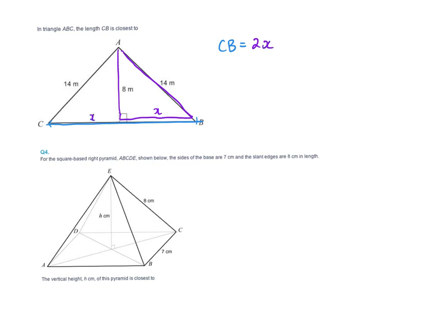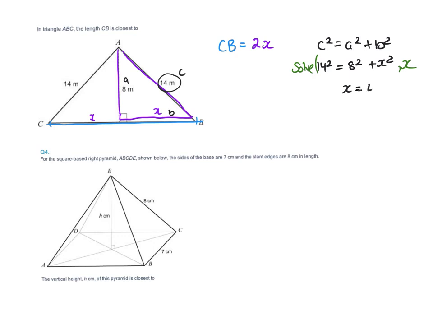So I'm going to find X using this as C, this is A, and this is B. So I've got C squared equals A squared plus B squared. So 14 squared equals 8 squared plus X squared. You can use your solve, comma X, and we find out what X equals.